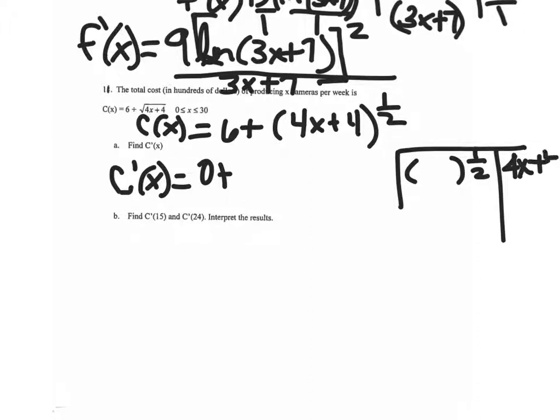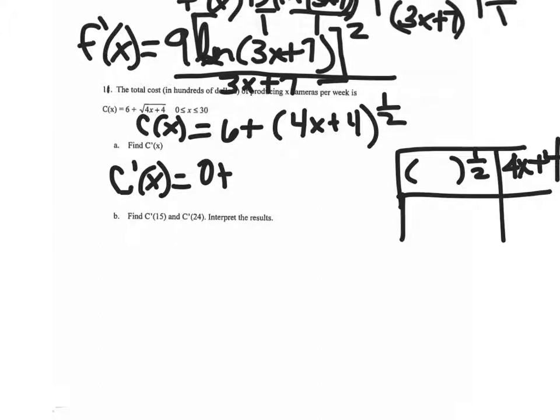Since we've talked about product rule, quotient rule, chain rule, do I need any of those to be able to differentiate this? Chain rule. It's a chain rule problem, isn't it? Because something that has x in it is being raised to the 1/2 power. So if I take something to the 1/2, and that something is 4x plus 4, let's see if you can tell me what we're going to get when we differentiate.